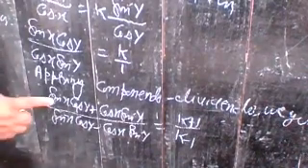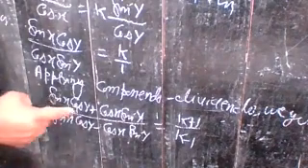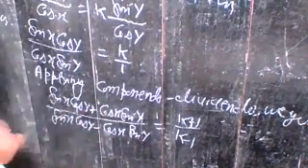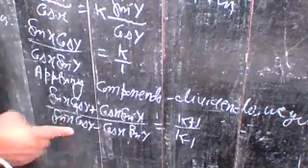Okay. Now, if you see the identity, in the numerator you have sin x cos y plus cos x sin y, that is equal to sin(x plus y), and in the denominator you have sin(x minus y).